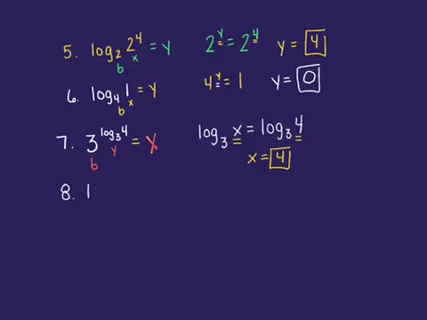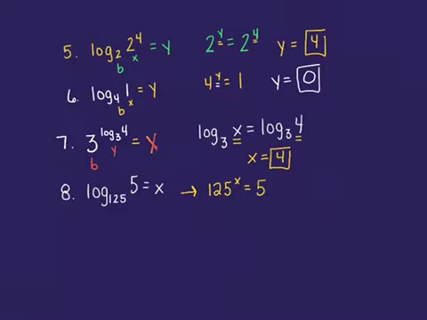Let's look at log base 125 of 5 is equal to x. So let's start by rewriting this. We have 125 to the x power is equal to 5.